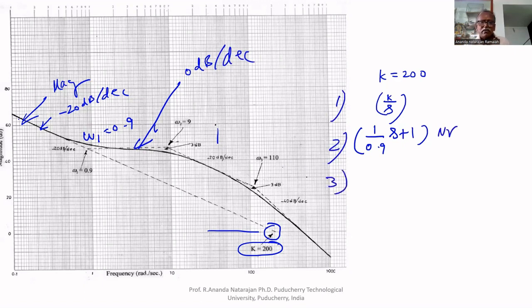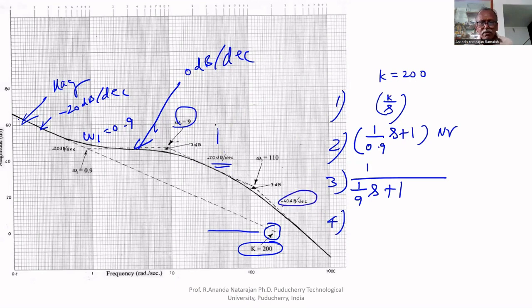Then third factor. Again it becomes minus 20 dB. Corner frequency is 9. Therefore, 1 divided by (1 by 9 s plus 1). So that is the third factor. Then fourth factor, here minus 40 dB. Minus 20 becomes minus 40 means another first order factor. The corner frequency is 110.